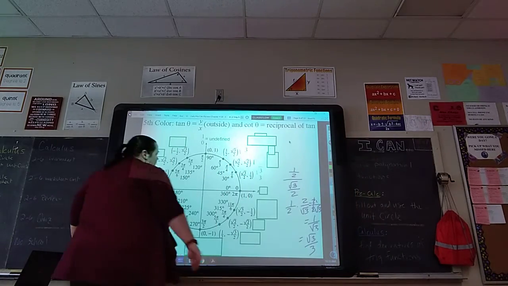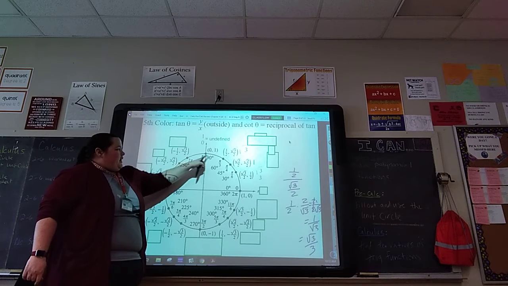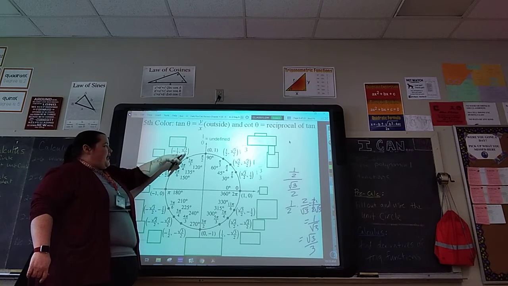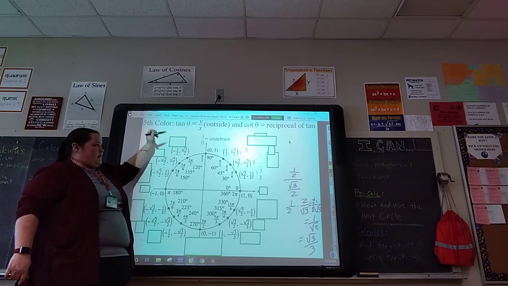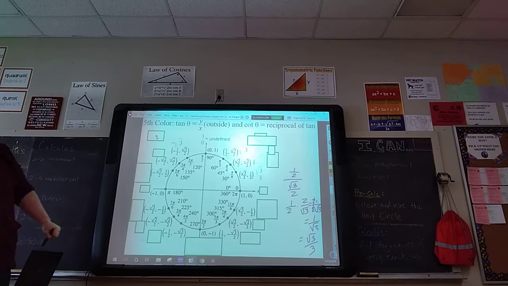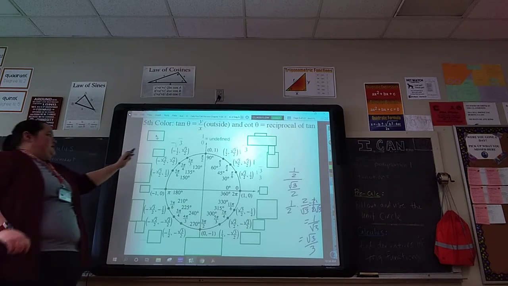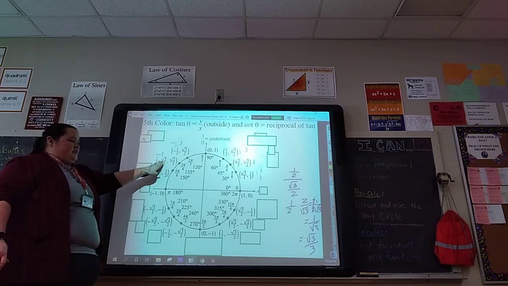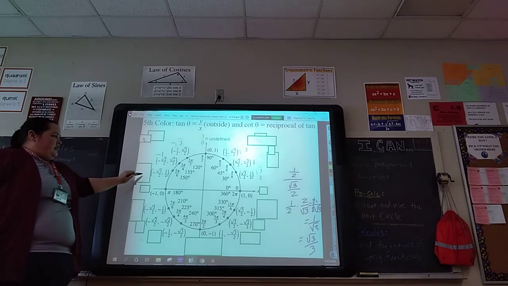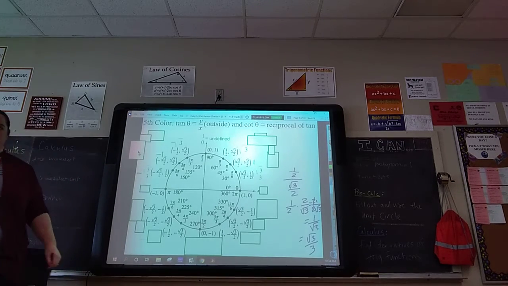Okay? So then this point comes from these same two values, only now we're dividing a positive with a negative. So my tangent is going to be negative square root of 3. This one's going to be negative 1 because again you're dividing a positive with a negative. So whenever you divide a positive with a negative, it's negative. This one's going to be negative square root of 3 over 3.